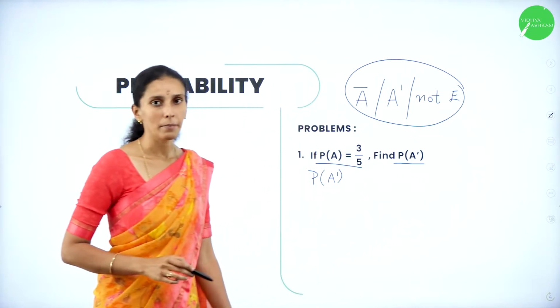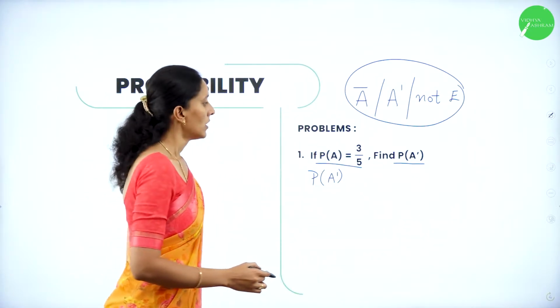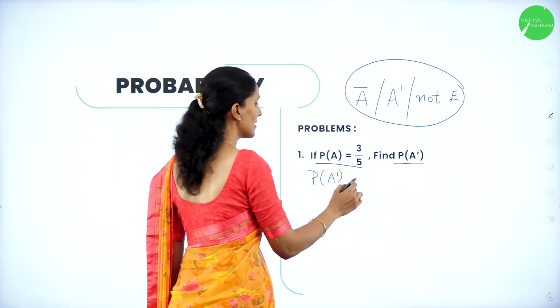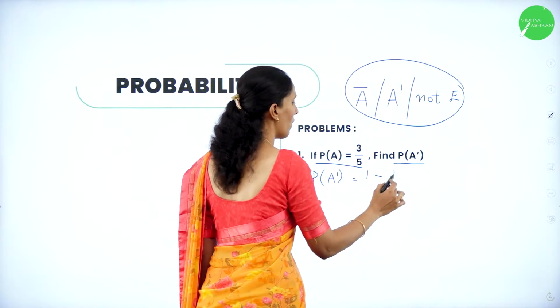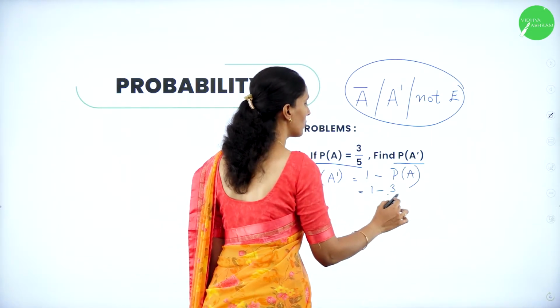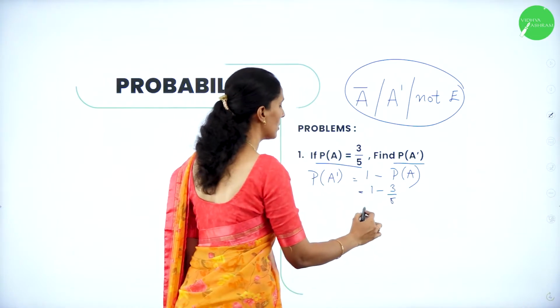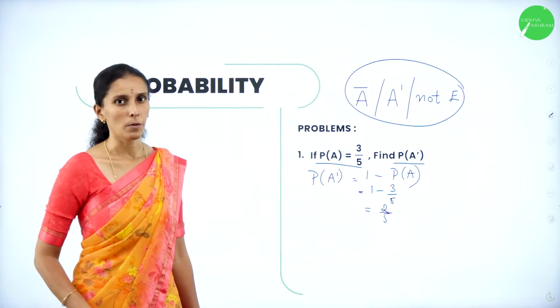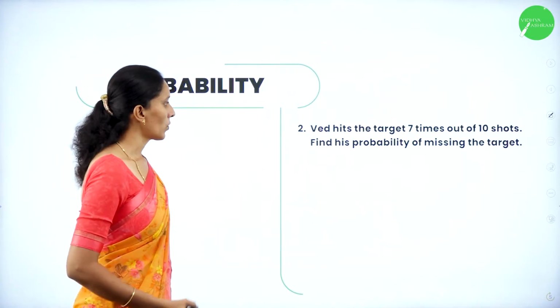Any symbol can be used to represent complement. So here we have A complement or A dash. How will we write this? This is always equal to 1 minus P of A, which is 1 minus 3 by 5. When you subtract, you will get 2 by 5. Very simple problem. Next question.